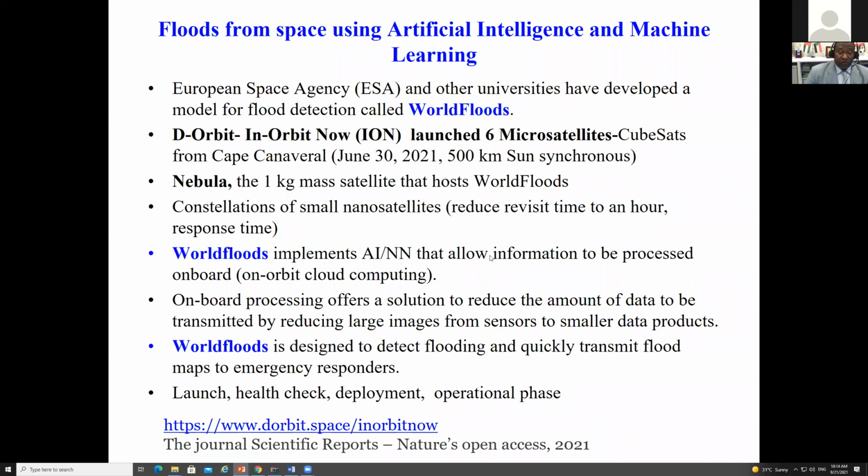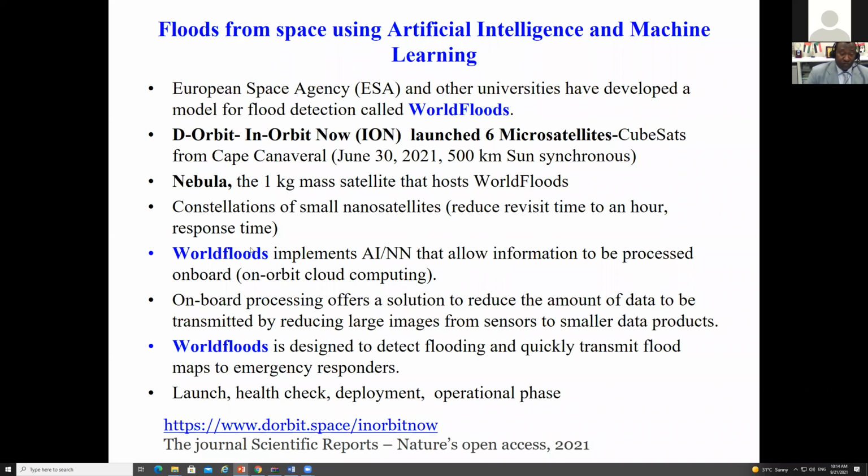The basic idea of the model is to calculate rain in space rather than downlinking, because as we know, with CubeSats, one of the problems is downloading of the data, which sometimes may be very heavy to download.